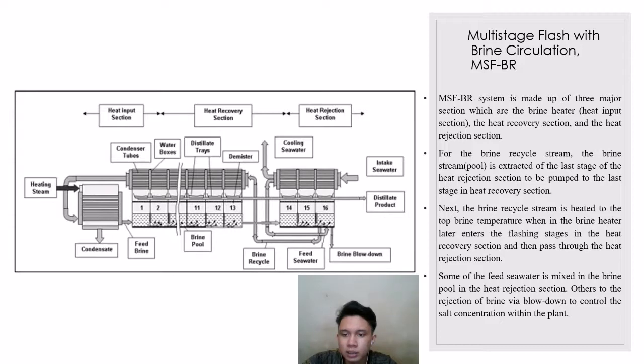Later it enters the flashing stage in the heat recovery section and then passes to the rejection section. Some of the feed water will be mixed with brine water in the brine pool, while the rest will be rejected to the sea via brine blowdown to control the salt concentration of the plant.